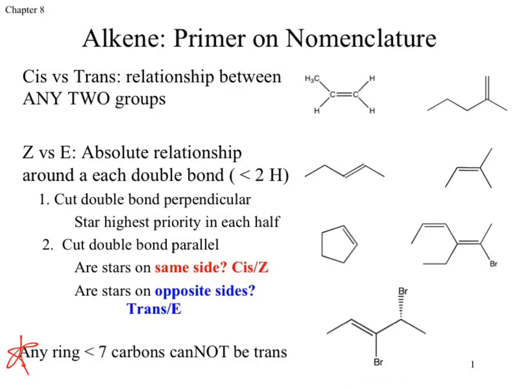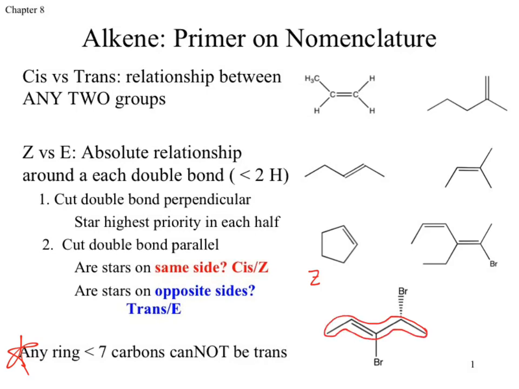We would start off our name with the Z, which is in reference to cis of what? The double bond. So we need to specify where that double bond is located within the main structure if we're going to go through and put our name together. Okay, so if we're going to name this, we'd go through, first identify our longest carbon chain, which is 5 carbons.